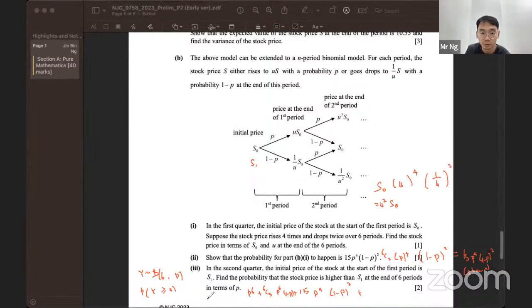Yeah, okay, because the P is unknown, you need to use this formula.